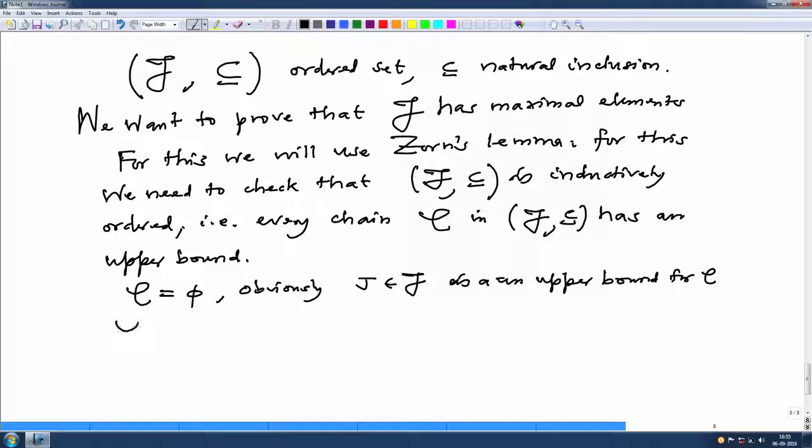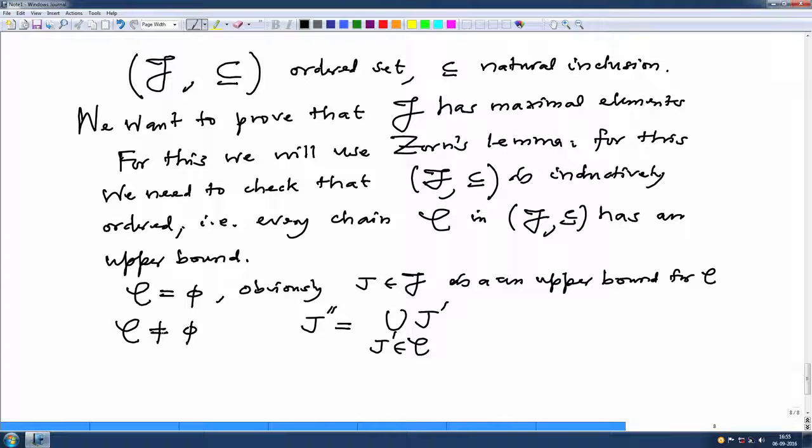So suppose C is non-empty. Then I am going to look at the union of all elements in C, this J double prime. Note that because C is non-empty, this union makes sense. If C were empty, the union would have a problem.